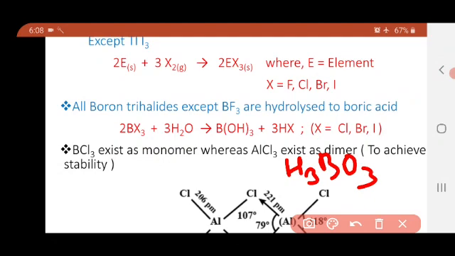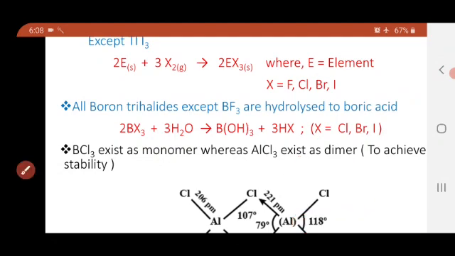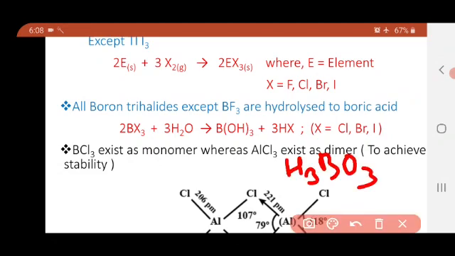But this is a non-protonic acid, which means it does not give H+ ions. Now after forming boric acid, it also forms HX, that is hydrogen halide. So after hydrolysis it gives boric acid. Now X is what? Cl, Br, I.